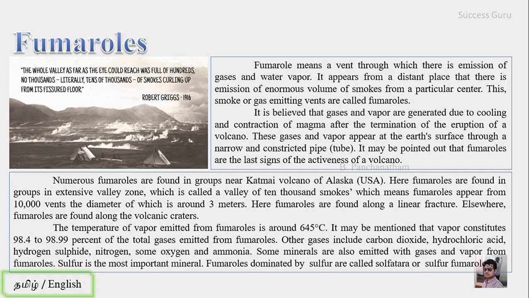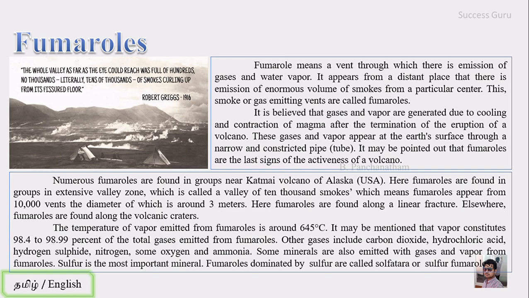Okay, so these are some of the introduction about the fumaroles, and let us see the temperature. The temperature of the water vapor emitted from the fumarole is around 645 degrees Celsius. It may be mentioned that the vapor constitutes 98.4 to 98.99% of the total gas emitted from the fumarole. So in a fumarole, you can expect the water vapor to be 98.4 to 98.9 percent.